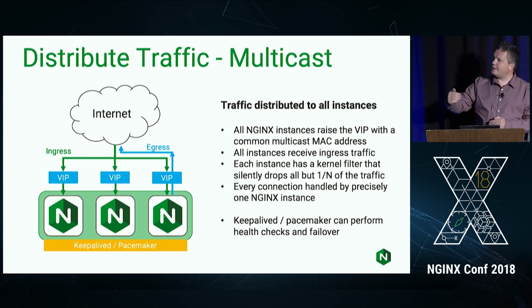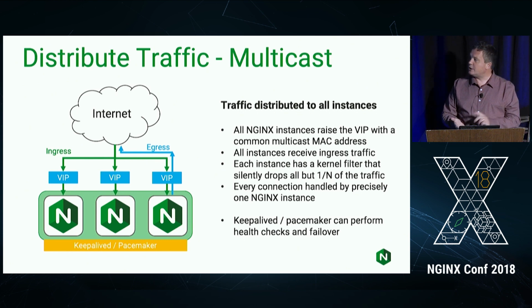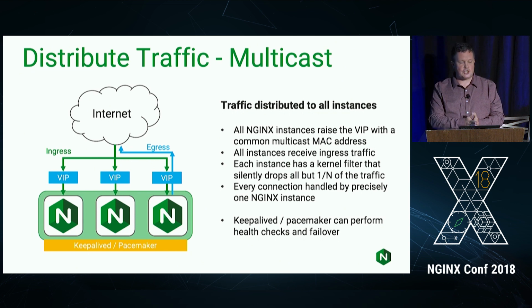That means that all incoming traffic is sent to all of the instances in the cluster. You then configure the cluster IP kernel module to drop all but your share of the traffic. The cluster IP module will hash incoming TCP connections, typically source IP and port, put those into a hash space, and then it is configured to take its share of that hash space.